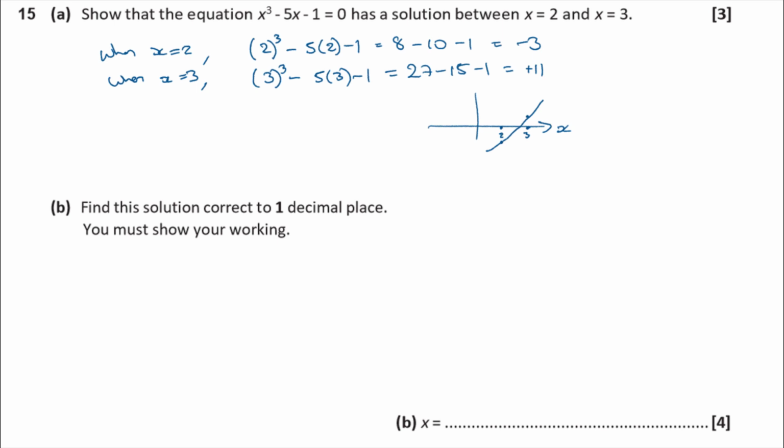That says the equation is negative at x equals 2 and positive at x equals 3. I'm going to say that cubic curves are continuous.